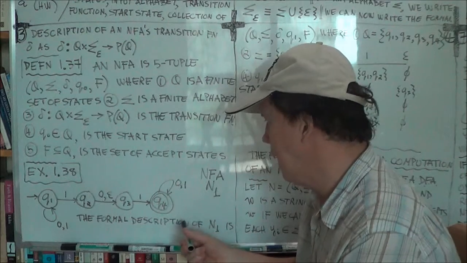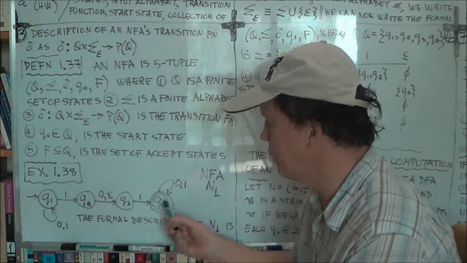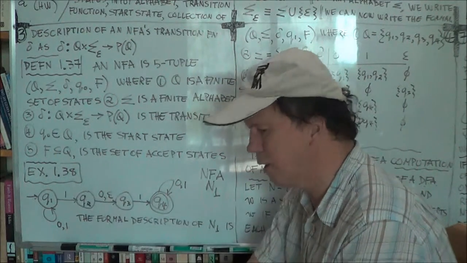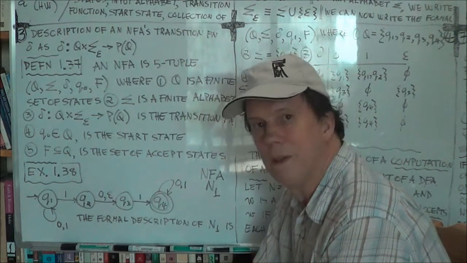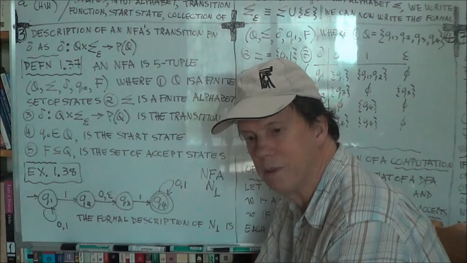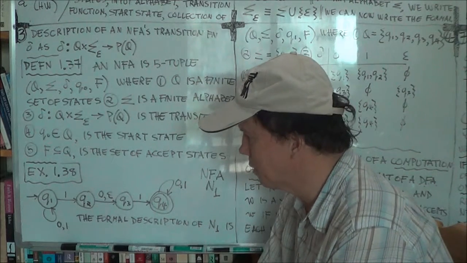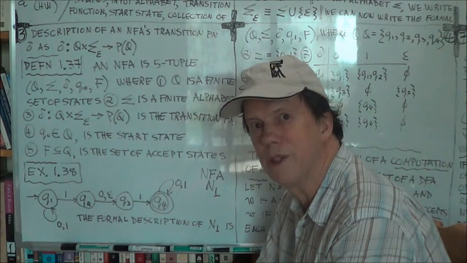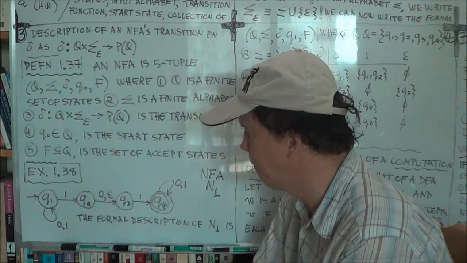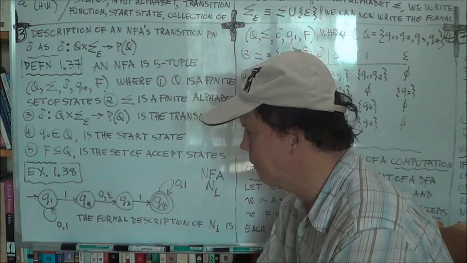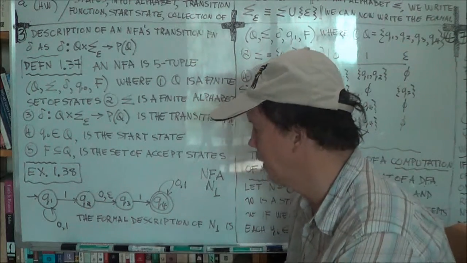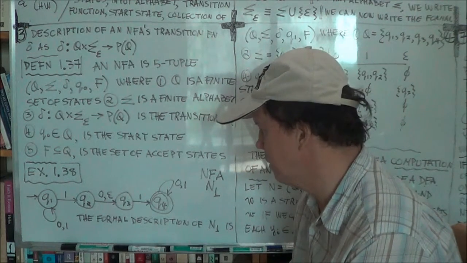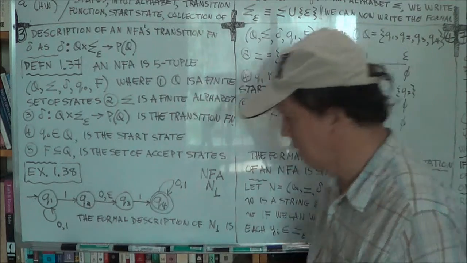Okay, so look at the thing now. Remember, it's a state diagram, pretty simple. We've only got 4 states, so we should be able to construct the formal definition from the state transition diagram. Okay, so let's do that.